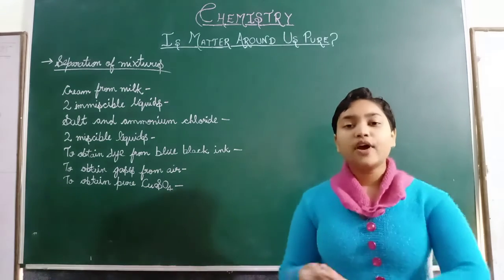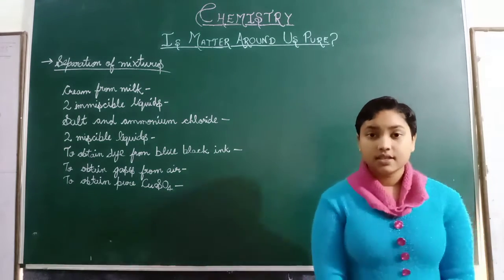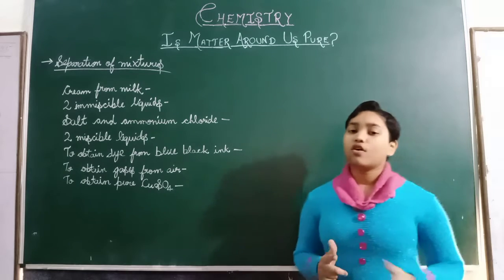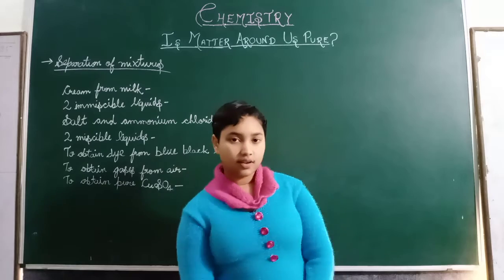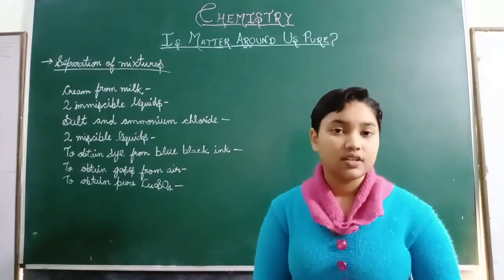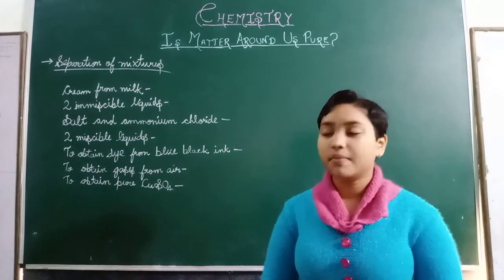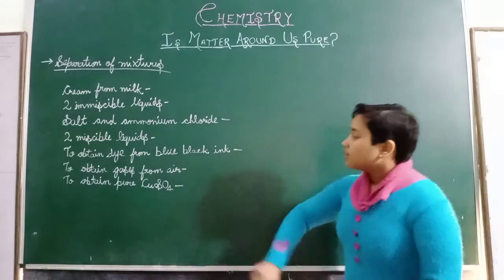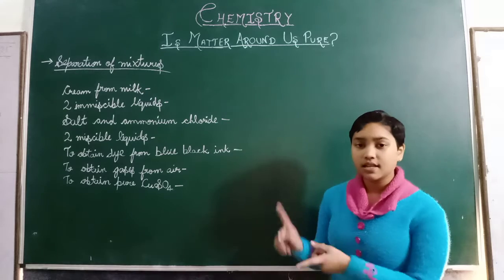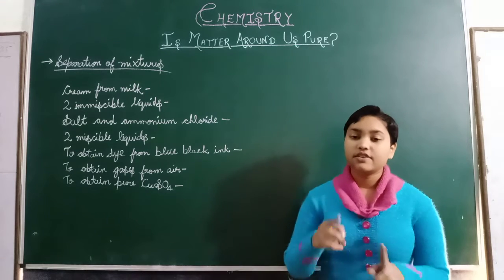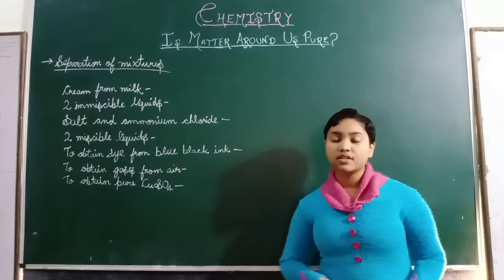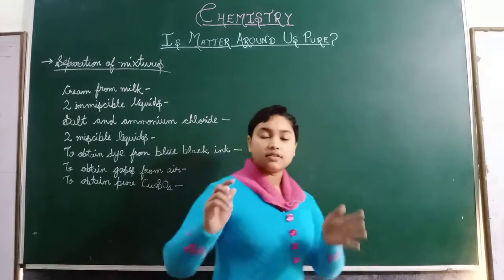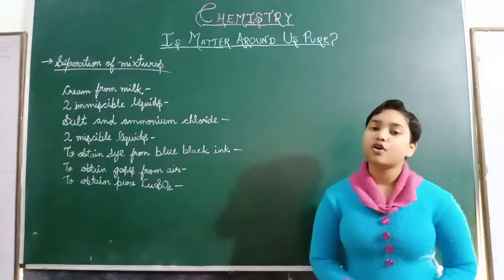The boiling points of the different gases are needed in this process, and this is called fractional distillation. We use it to obtain gases like oxygen, nitrogen, hydrogen, etc. from air.